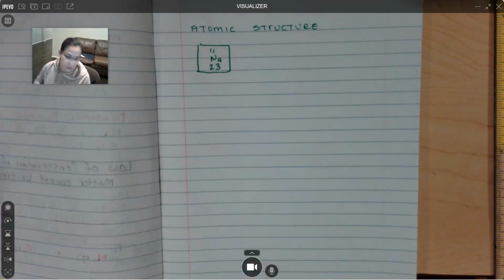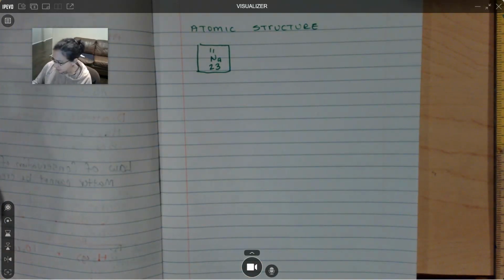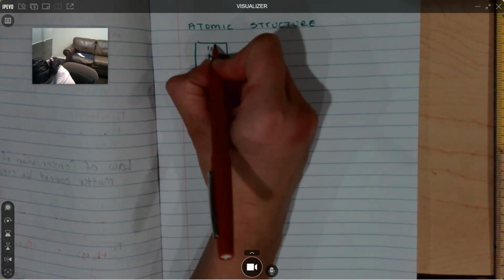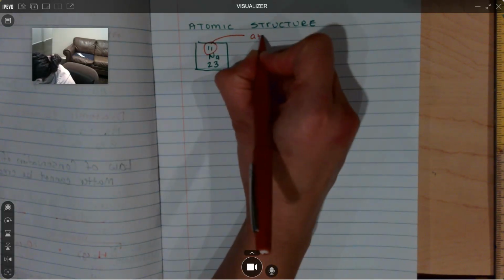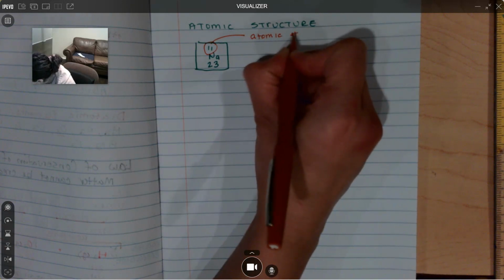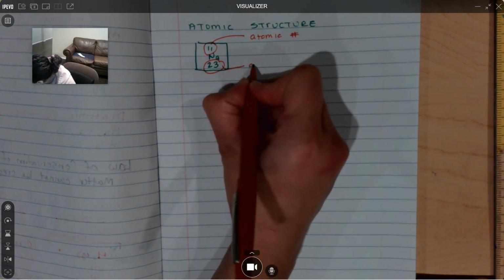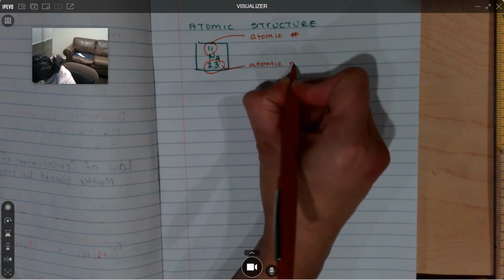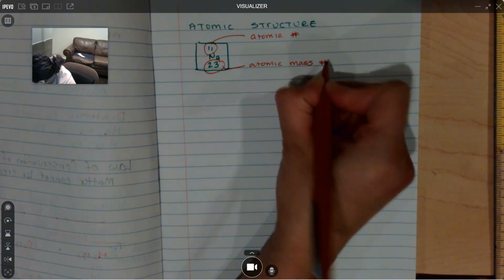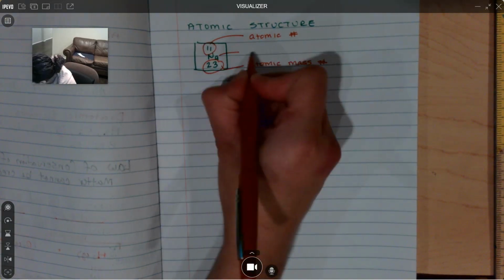And this is actually a decimal, it's like 22.9. Okay, and we'll get into average atomic masses in a little bit. This is the atomic number. This one is the atomic mass number. And this here is the symbol.